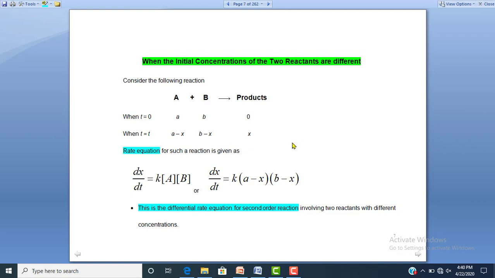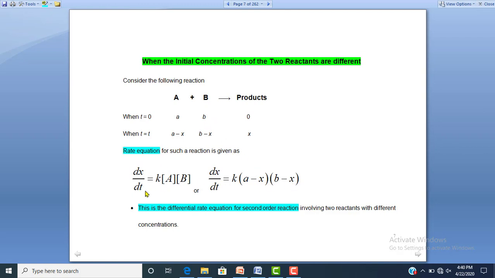Dear students, if we apply the rate equation for this type of reaction, then we will write dx over dt is equal to k into the active mass of A into the active mass of B. Here, the concentration of A is a minus x and the concentration of B is b minus x.